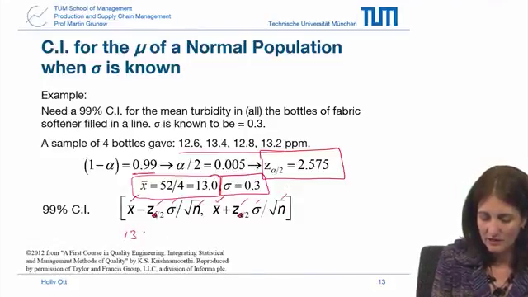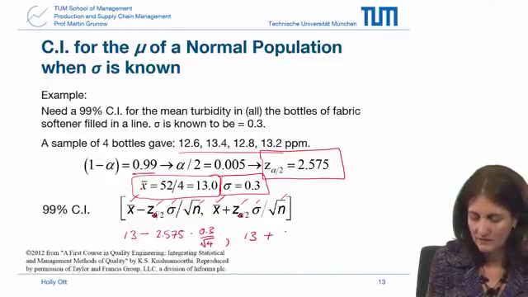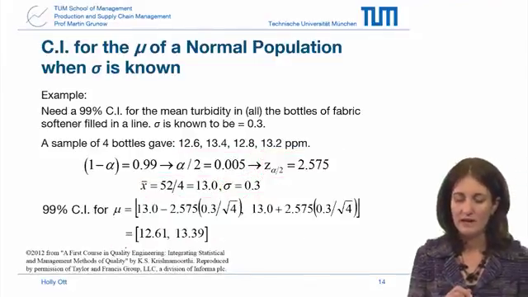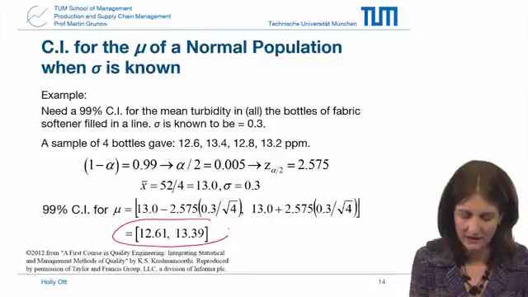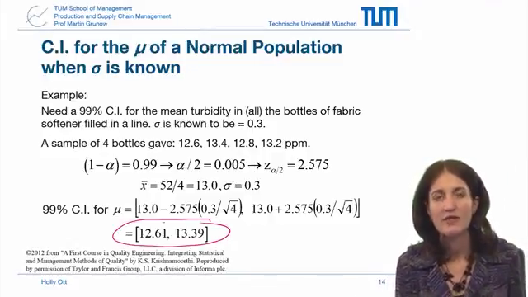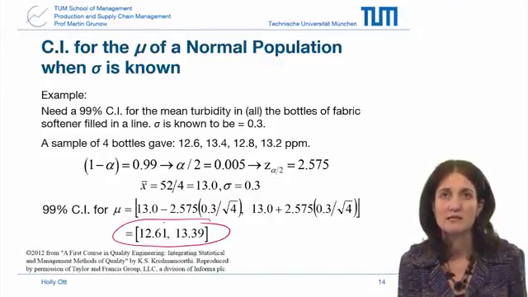So 13 minus 2.575 times 0.3 over the square root of 4, and 13 plus 2.575 times 0.3 over the square root of 4. And if we look at that, we end up getting a confidence interval of 12.61 and 13.39 parts per million from this sample.